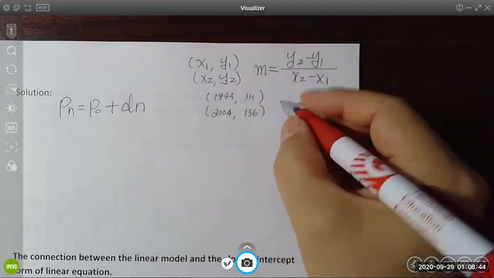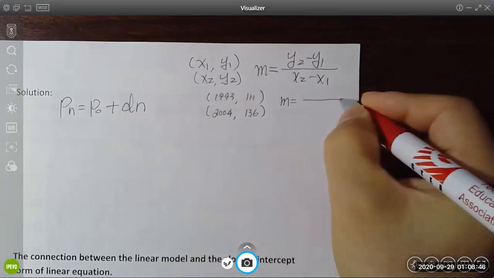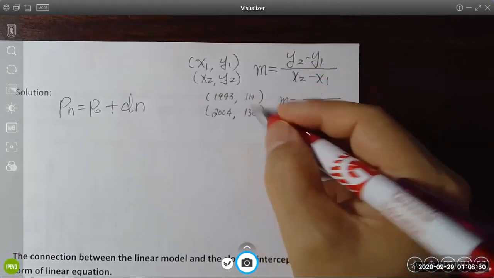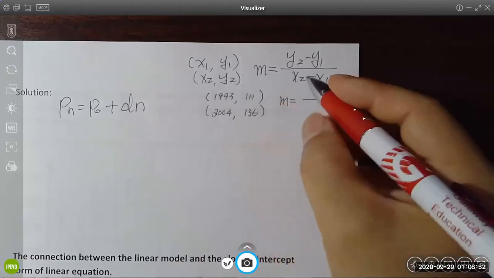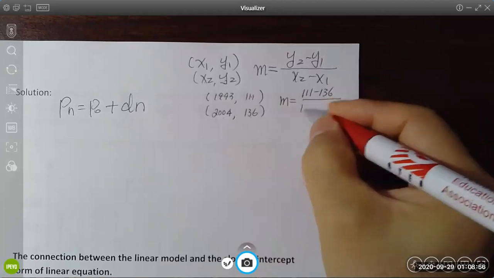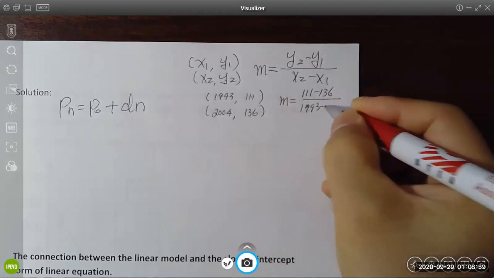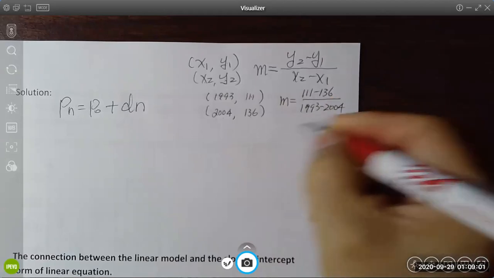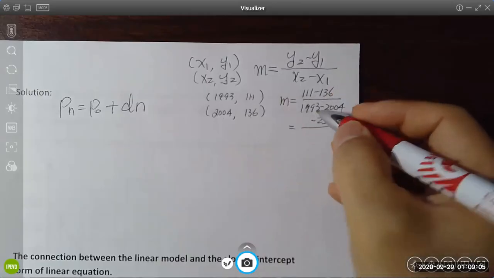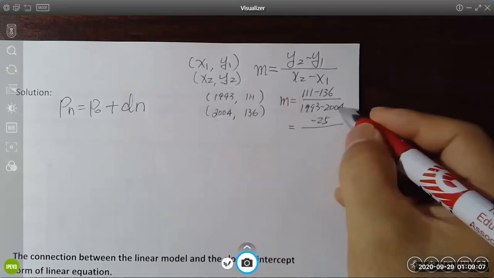So I'm going to do the calculation using y minus y over x minus x. It doesn't matter which one minus which, but y has to be on the top. So 111 minus 136 over 1993 minus 2004. If you do this calculation, this is negative 25, and this one is 7 years, 7 years is 11.